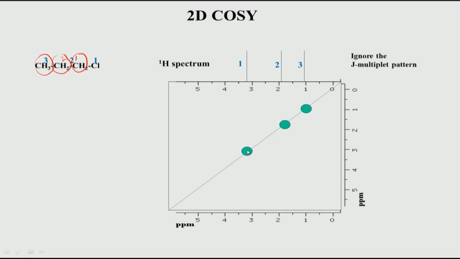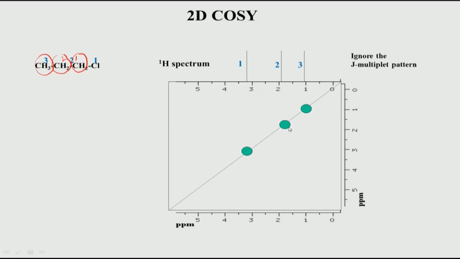So, we call it a diagonal. Similarly, if you look at this peak here, 2 and 2, there will always be some peak here, and 3 and 3. Again keep in mind we are ignoring the J coupling pattern inside the peak. This peak is actually not like a circle, it will be like 4 peaks inside, but we are going to ignore that because our focus is on the chemical shift value, which is the center of this. So, this is the diagonal peak.